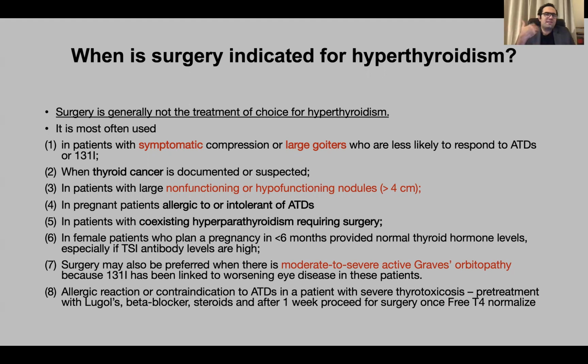Someone who has coexistent hyperparathyroidism, which is requiring surgery, toh why not do both of them together? Obviously, pehle hamein euthyroid karna hoga with drugs and then surgery. Then moderate to severe active Graves orbitopathy in patients mein RAI therapy is relatively contraindicated.